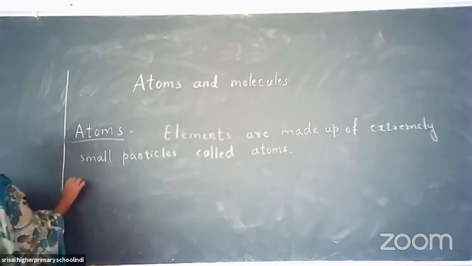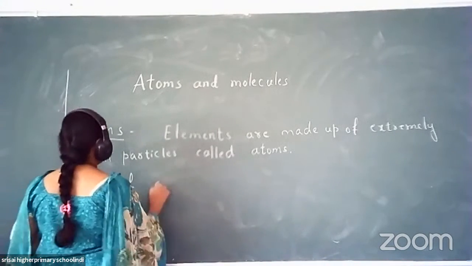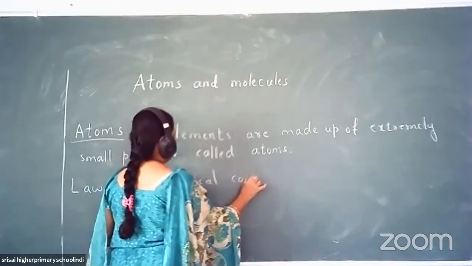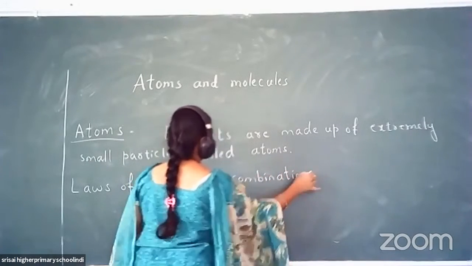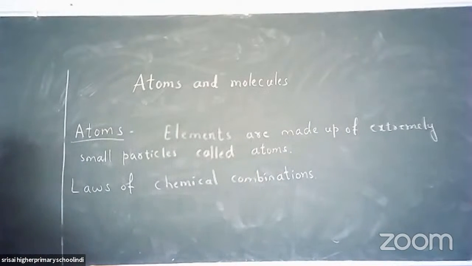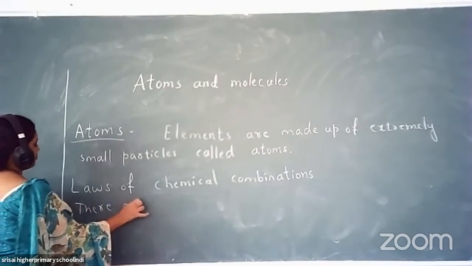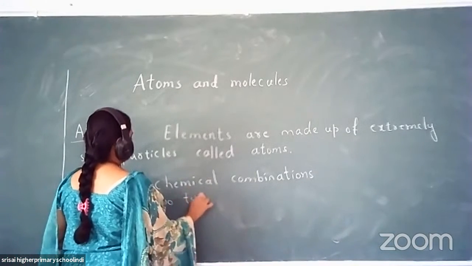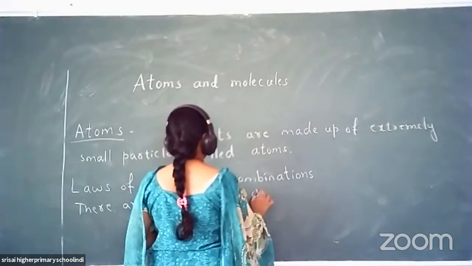Here we learn about the laws of chemical combinations. Next point is laws of chemical combinations. How many types are there? There are two types of chemical combination.